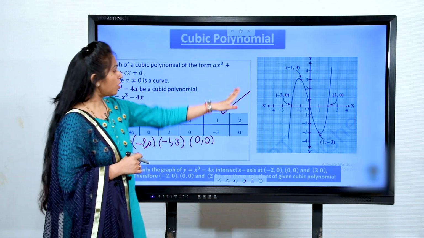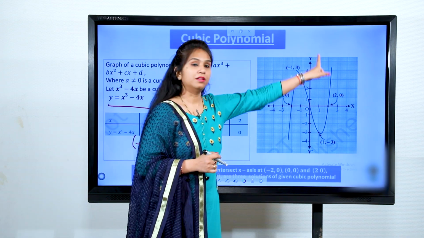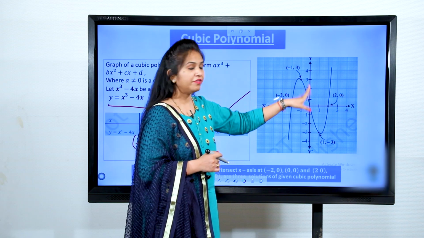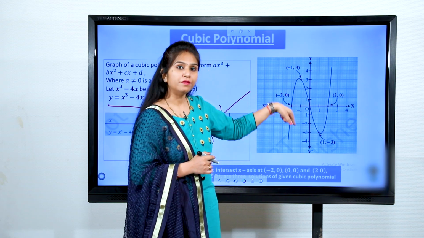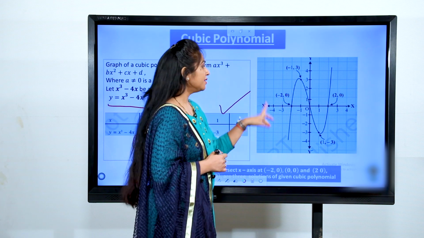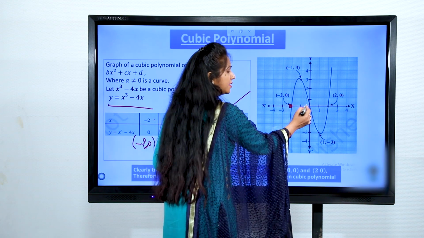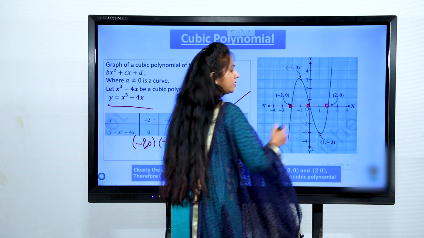Now when you plot these solutions on the graph, you get a wave-like curve, and you can see this curve of the cubic equation intersects the x-axis at 3 distinct points. This is the first point on the x-axis, this is the second point, and this one is the third point.